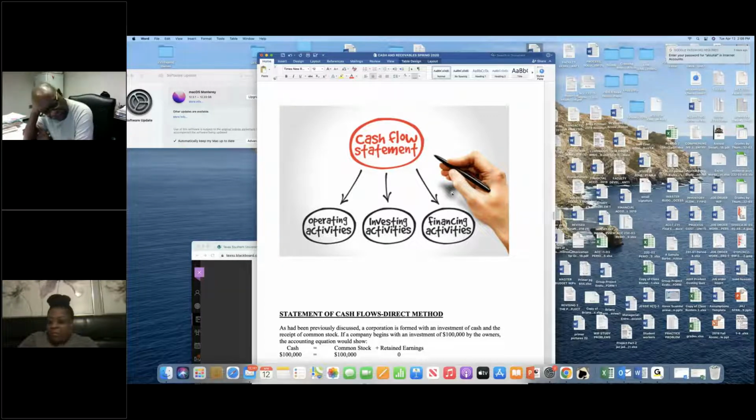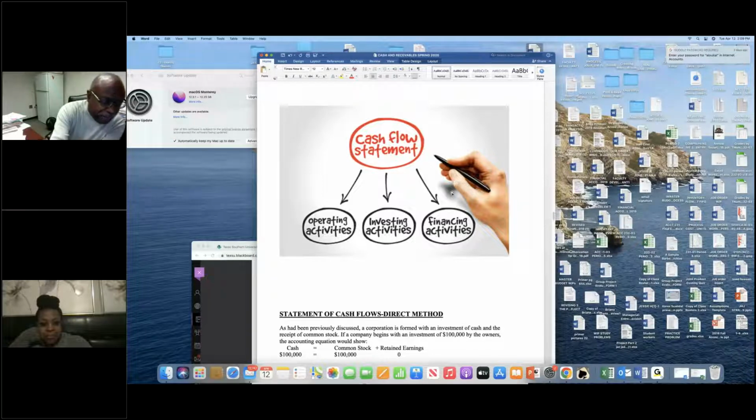Because we use accrual basis accounting, where we're putting receivables on the books and we have things to pay, we have to make sure we've got enough cash to pay our bills. And so we have this other statement that puts the statements on a cash basis, therefore ensuring that we have enough cash to pay our bills.